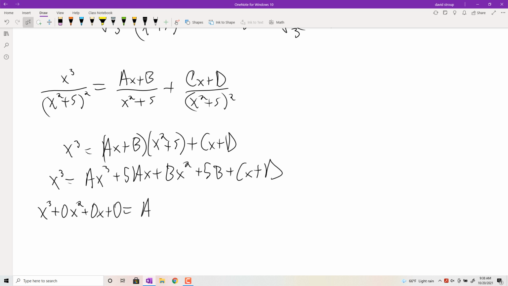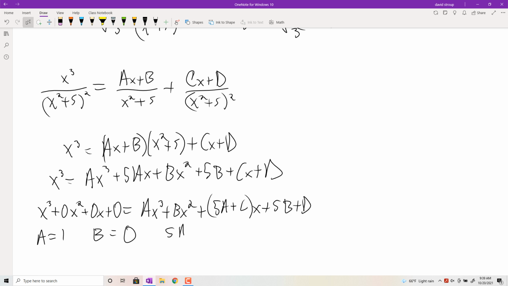On the right, I have ax cubed plus bx squared plus 5a plus c x plus 5b plus d. So a must equal 1, b must equal 0, 5a plus c must equal 0, 5b plus d must equal 0, just equating coefficients.